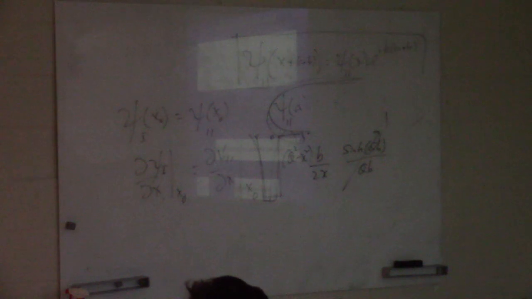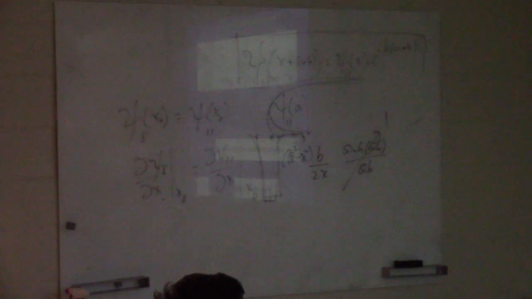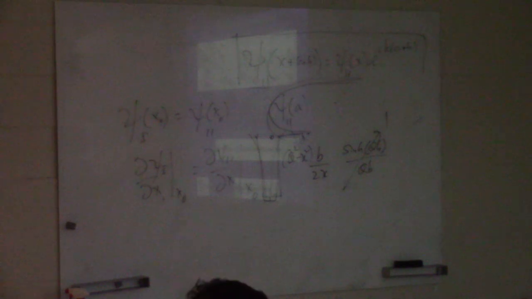That means I can write q squared b over 2 as P over a. So you get P over kappa a plus cosine kappa a equals cosine ka. That's the equation for this delta function like potential.